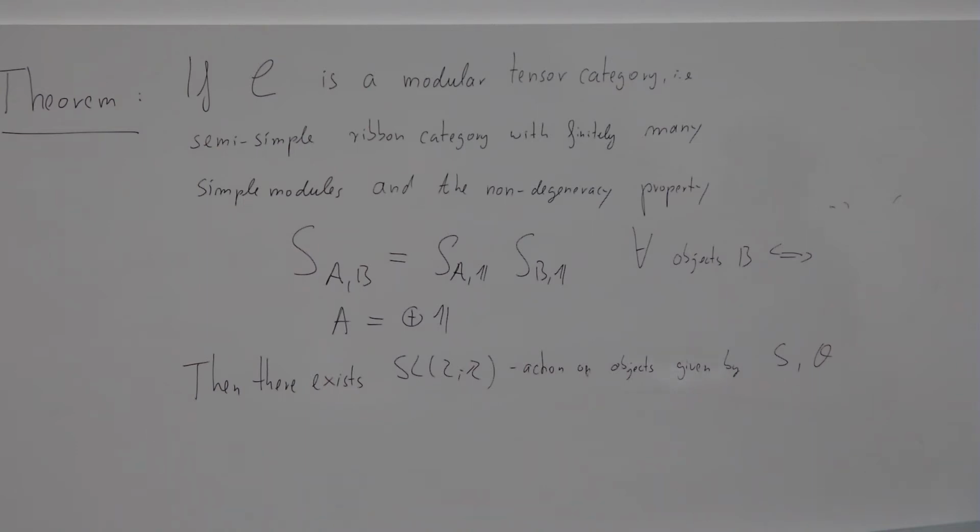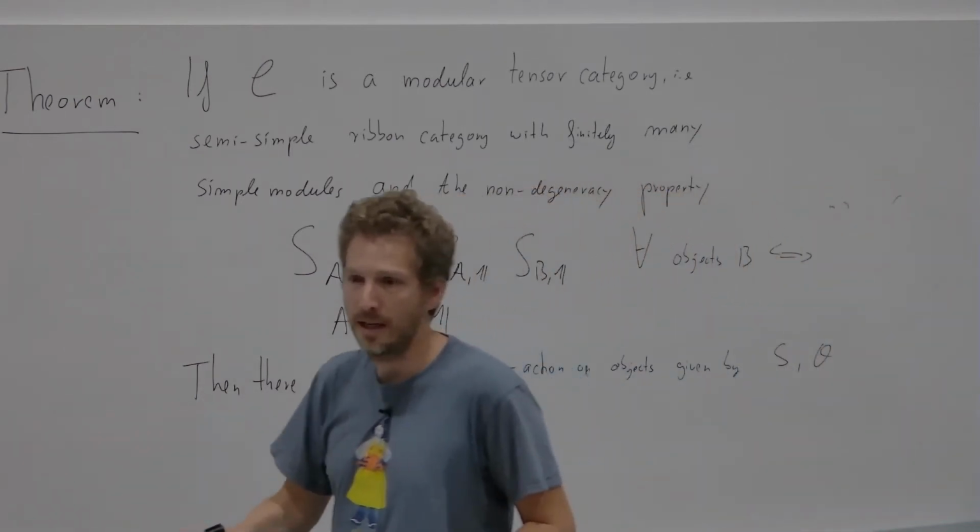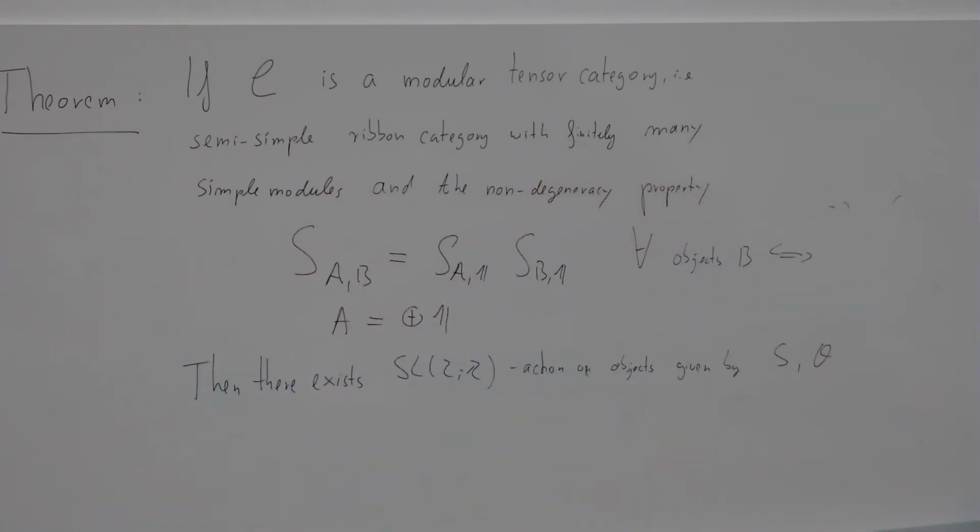One constantly stumbles over the same thing, that many things have the same name, but some authors mean slightly different things. There is also an emerging tendency to call categories that are not semi-simple modular tensor categories. So one has to be very careful what is exactly meant. Often people now call them log modular tensor categories because of logarithmic conformal field theory, which is maybe a good name.